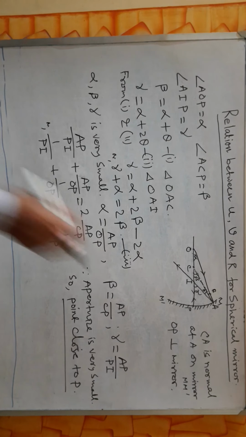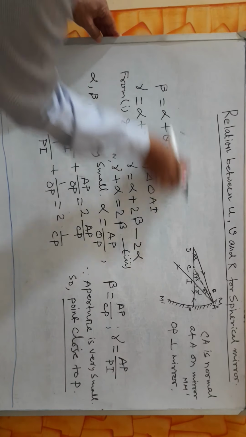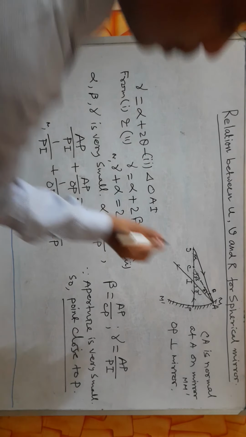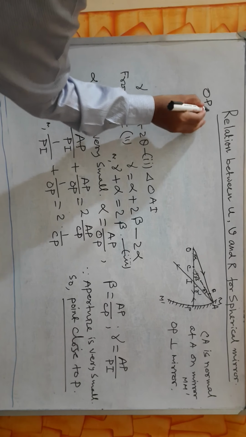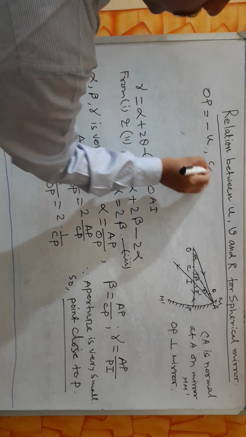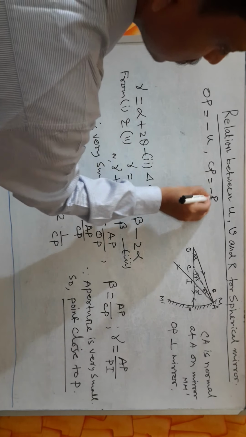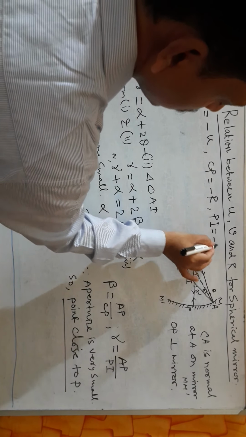PI is the image distance. OP is equal to minus u, CP is equal to minus R, and PI is equal to minus v.